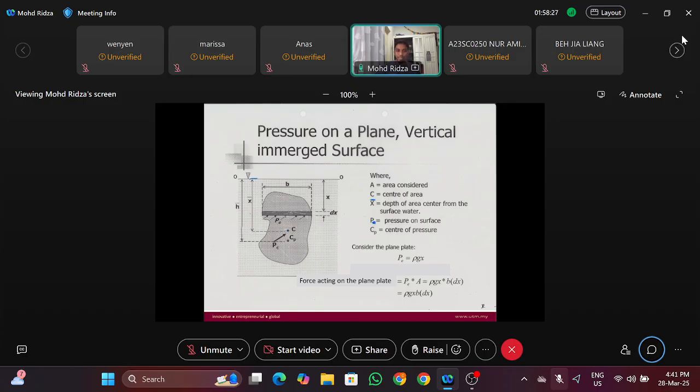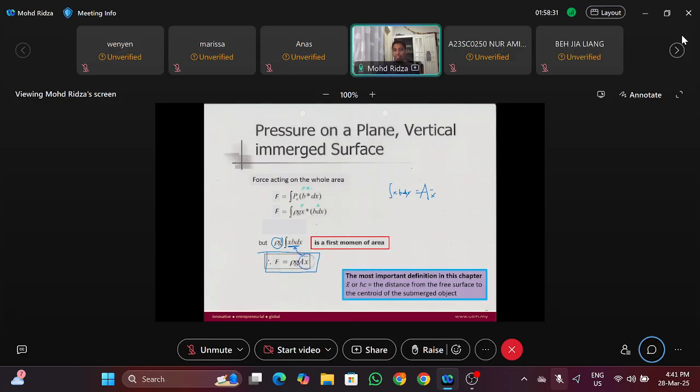That is h bar, the centroid of the submerged object. So this is the most important definition in this chapter. Please don't forget this. Please remember, memorize it. The most important definition in this chapter, x bar or hc. Sometimes the book uses x bar, sometimes they use hc. It is the distance from the free surface to the centroid of the submerged object.